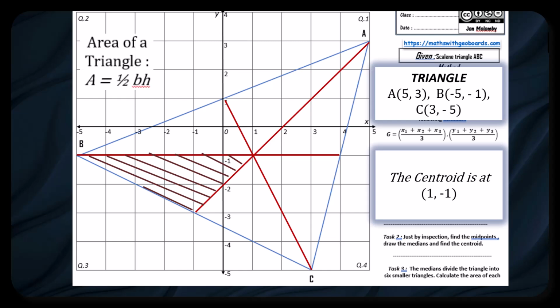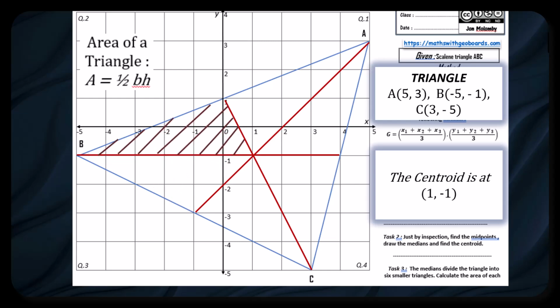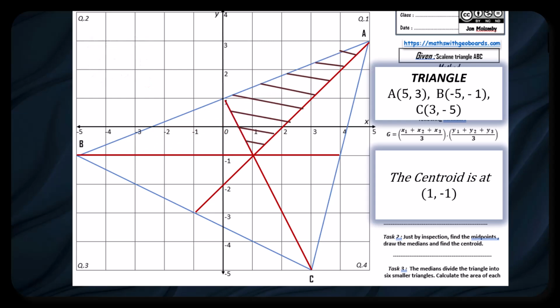Here is the next one. Well, that has a base of 6, a height of 2. The area is 6. This one has a base of 6, a height of 2, area 6. Again, this last one is not so obvious.